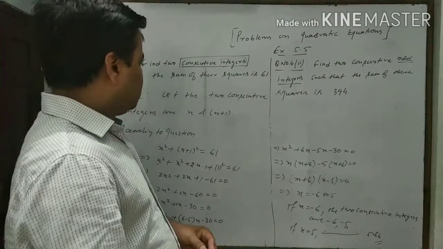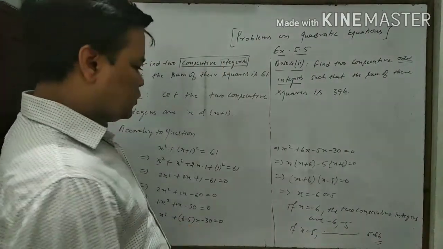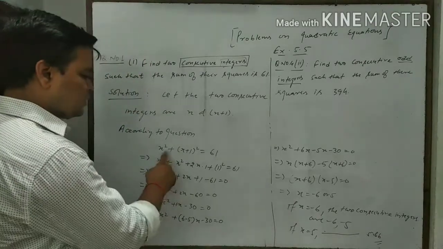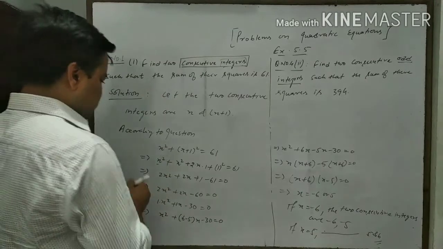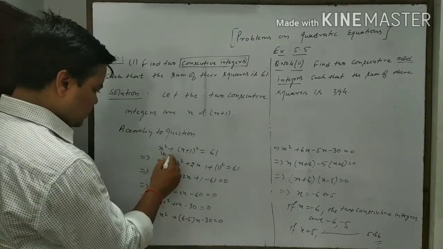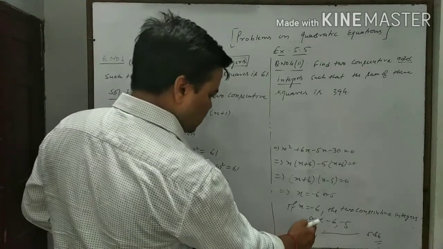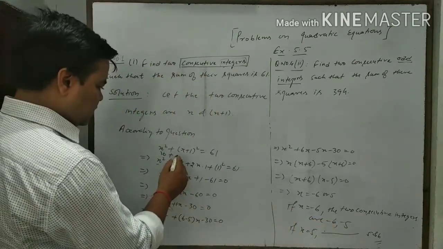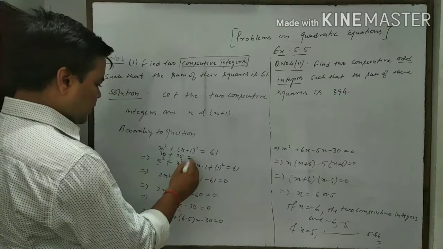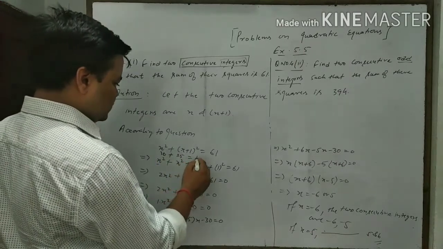Here the sum of the squares of these numbers: 6 sixes are 36 here. Here it will be 36 plus minus 6 plus 1, that is minus 5. Here minus 5 square will be 25, and it is equal to 61.